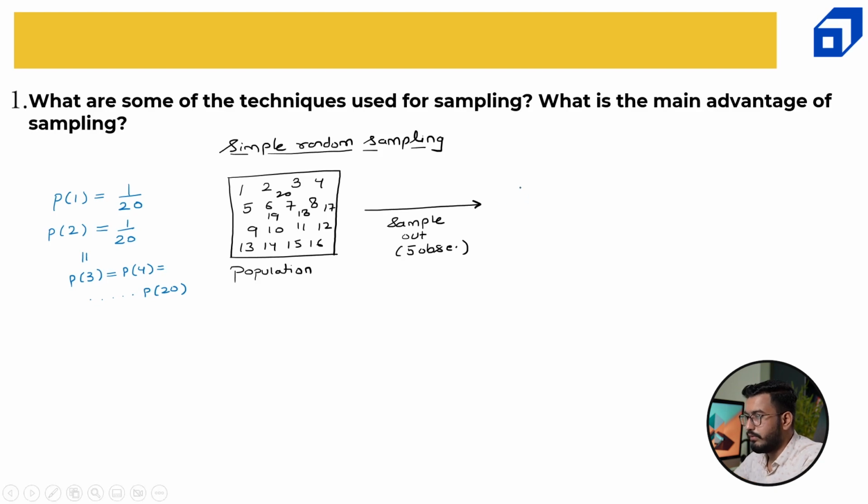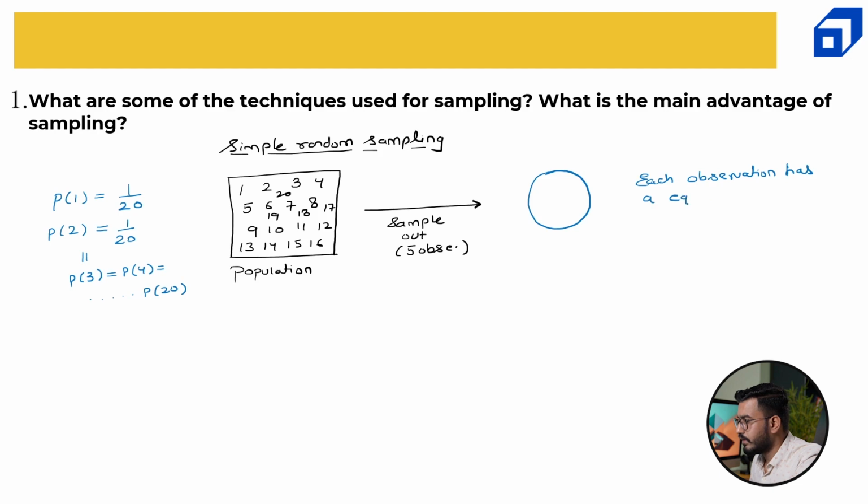So the very first constraint of creating a simple random sample is that each observation has an equal probability of getting selected into the sample.